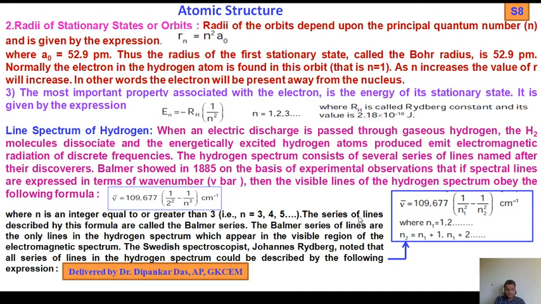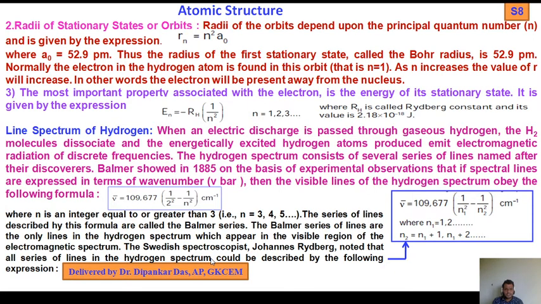The series of lines described by this formula are called the Balmer series. The Balmer series lines are the only lines in the hydrogen spectrum which appear in the visible region of the electromagnetic spectrum.